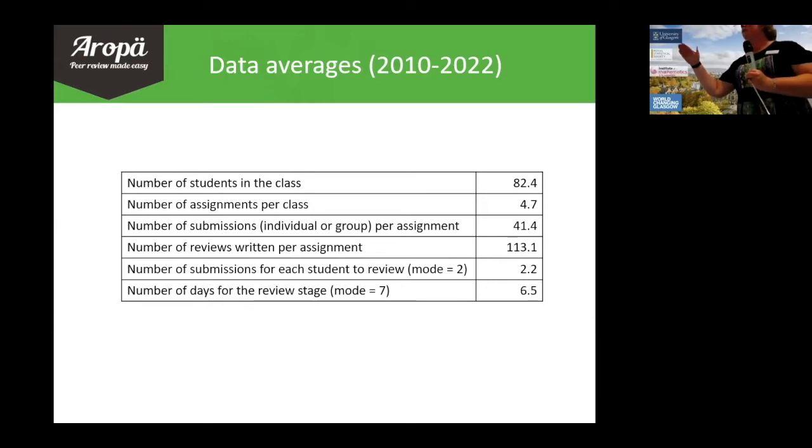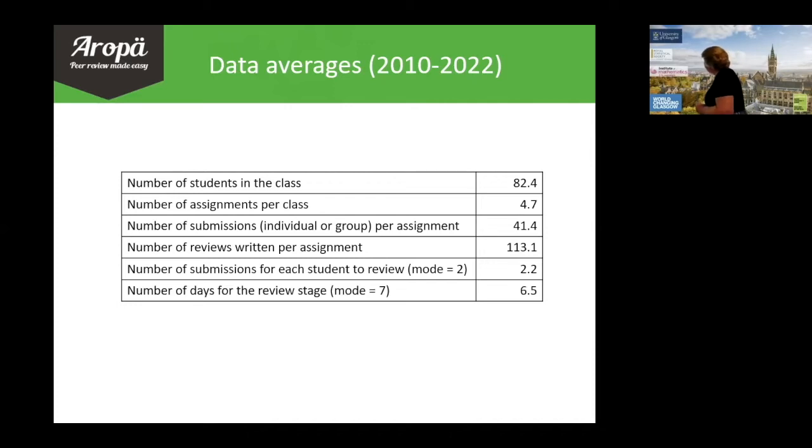What that does is get students used to the process of doing peer review. We also get lots of instructors who just have 1 assignment for their class. So this 4.7 is actually a lot higher than I would have expected, but there are many instructors who say, I'm going to use this throughout the whole class, perhaps once a week in some cases.